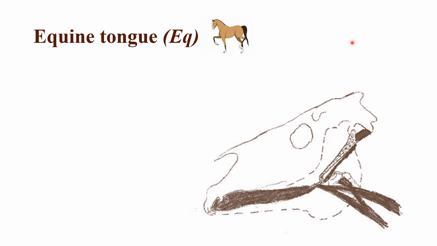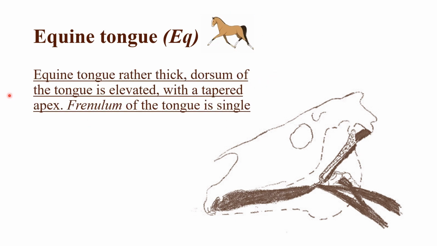Next up we have the equine tongue, a beautiful little horsey right here. The equine tongue is also thick, and the dorsum of the tongue is elevated. Now, the bovine tongue had the torus, like a mountain, but in a horse all of the dorsum of the tongue is elevated, and the apex is tapered.